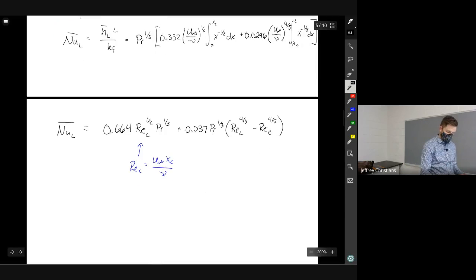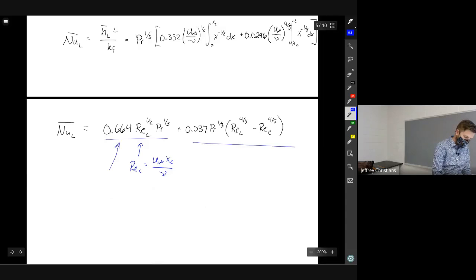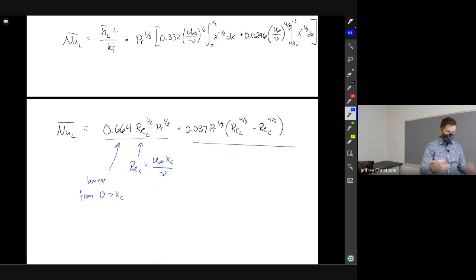So this is, again, if you want to look at it at two different parts. This part is because of laminar, from 0 to XC. This part is because of turbulent, from XC to L.